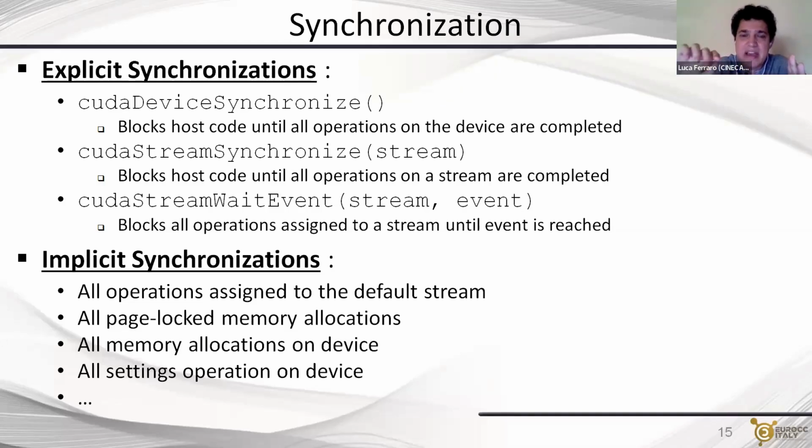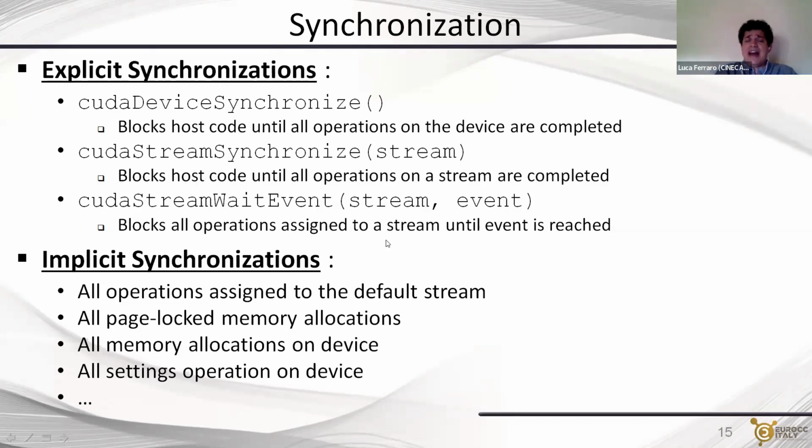So you can say, please stop the host code until all the operations previously enqueued to that stream, previously enqueued before this event, have completed. So you can be very picky on how you control your synchronization on the host side.